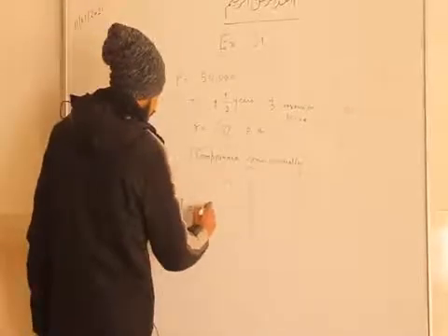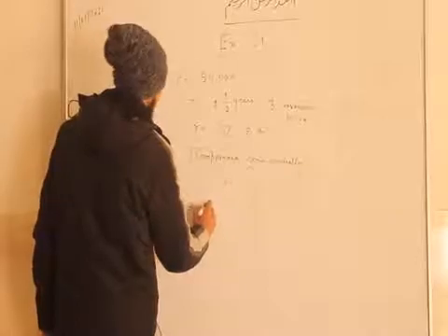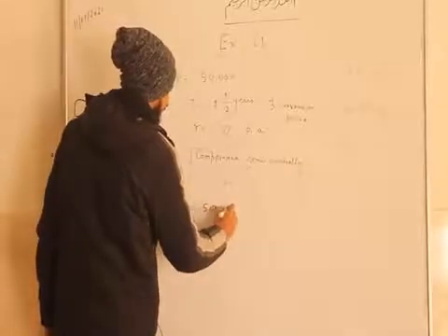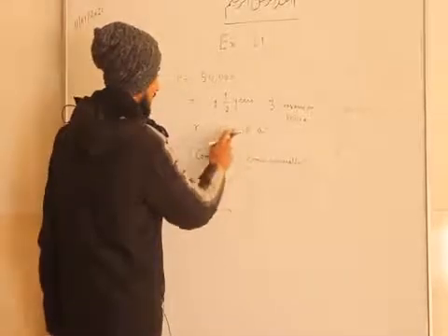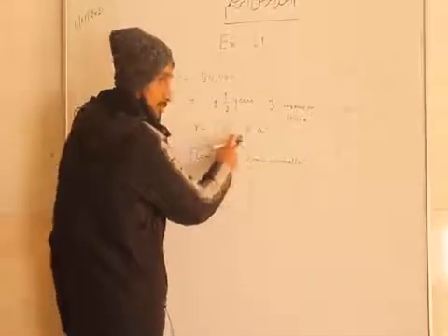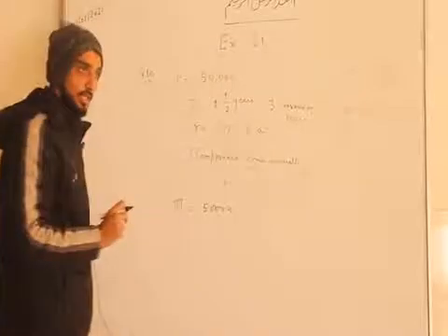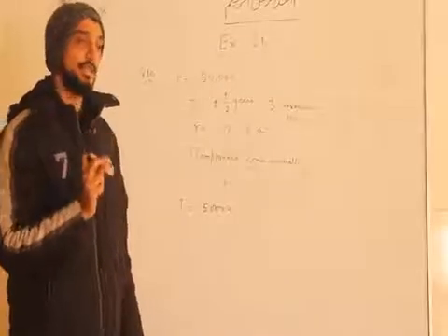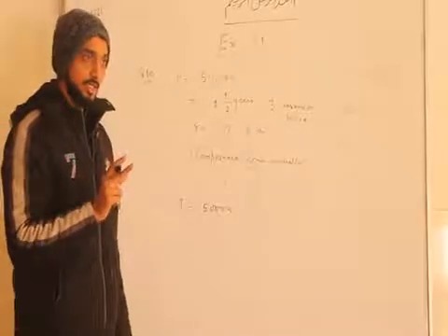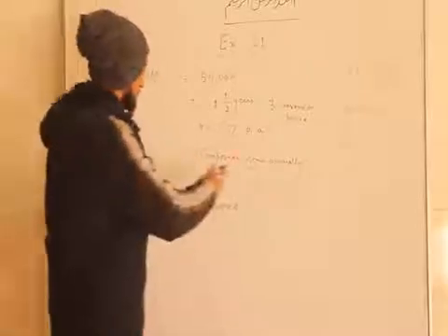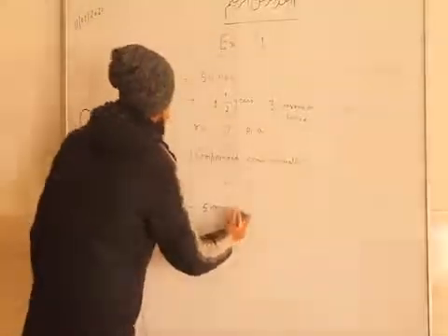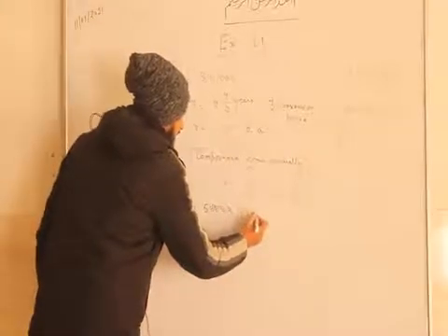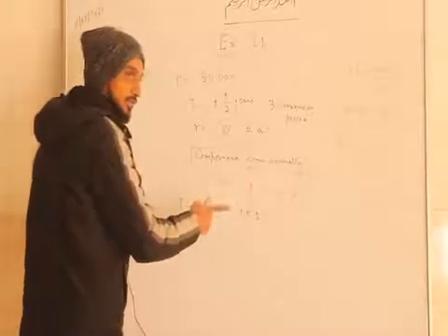So P is 50,000 and the rate of interest is 4%. We will take 4 because the rate is given per annum and the compound is semi-annually. That's why we have to divide it by 2, because in 1 year there are 2 semi-annual periods, right? So rate is 4 and the time is 1 conversion.